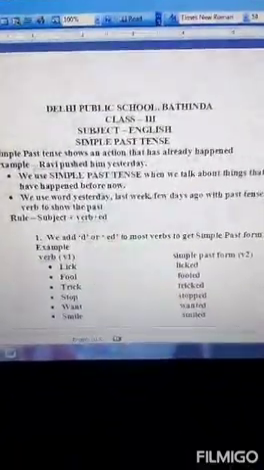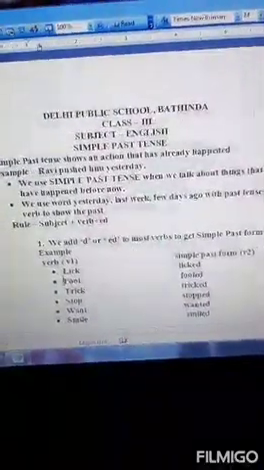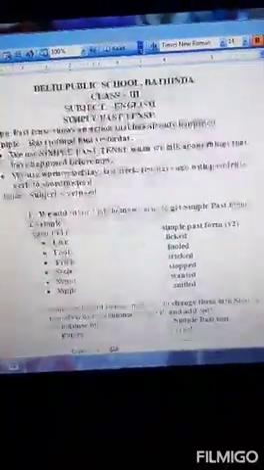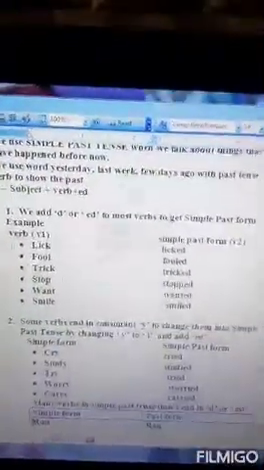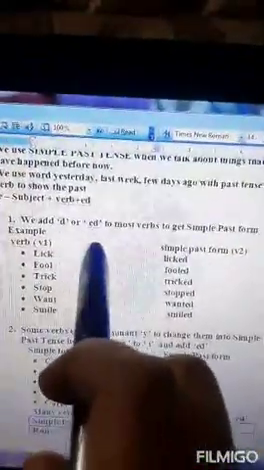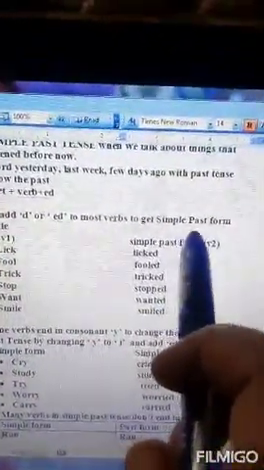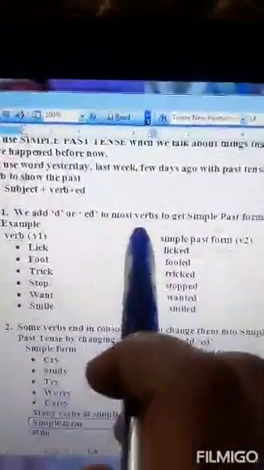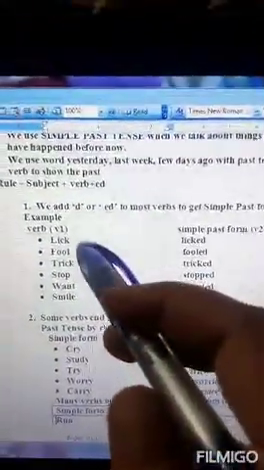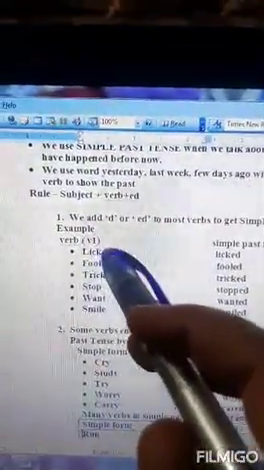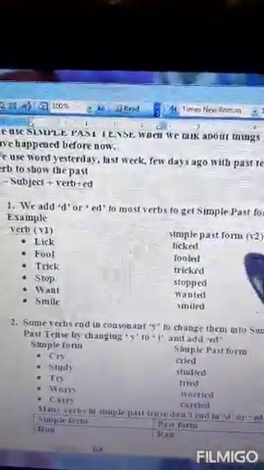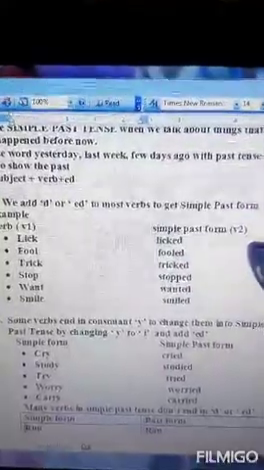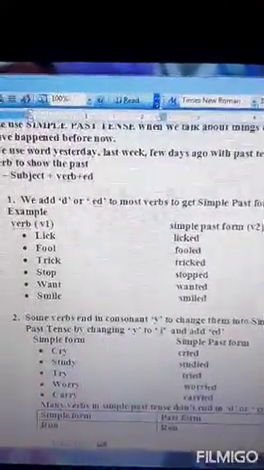Here a few words are there to show how we are making the past form. We add d or ed to most verbs to get the simple past form of the verb. Here I have written verb V1, meaning first form of the verb. Simple past form, that is V2, meaning second form of the verb.